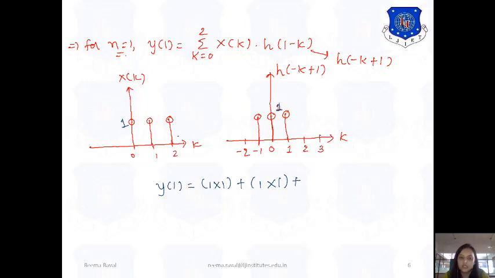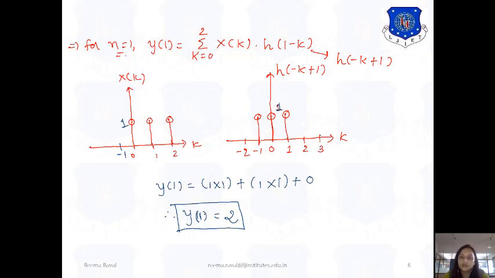For the other instants, over here at instant 2 the value is 1 but here at instant 2 the value is 0. Similarly at instant minus 1 it has a value, but here at minus 1 there is no value. So the other terms will be 0. So the value of y of 1 will be 1 into 1 plus 1 into 1, that means y of 1 equals 2, right?